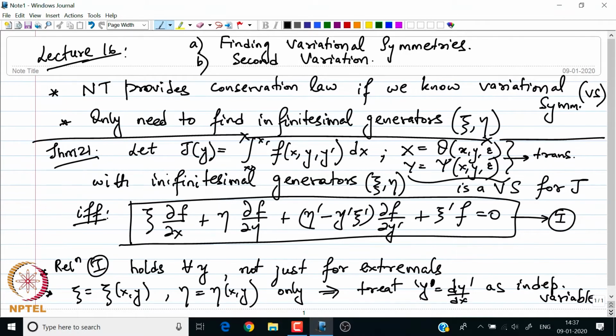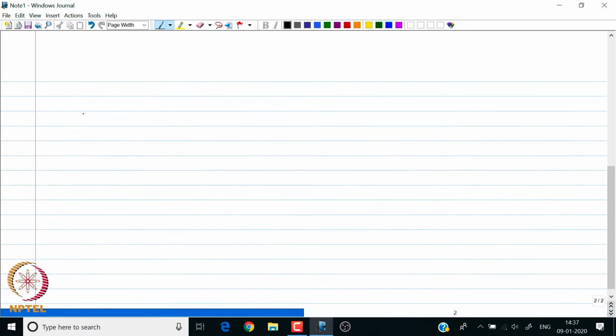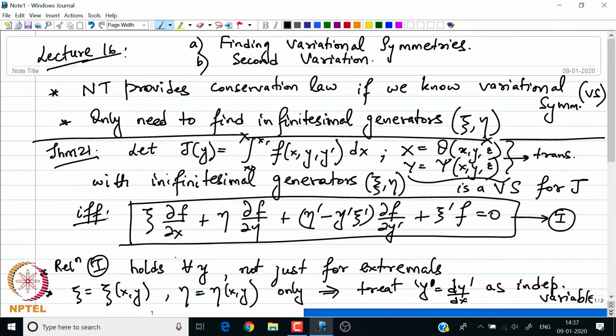For example, let us look at a case as to what I just said. Notice that I am going to use a shorthand notation. This expression on the right hand side is said to be a function w of x comma y prime, which is set equal to 0.